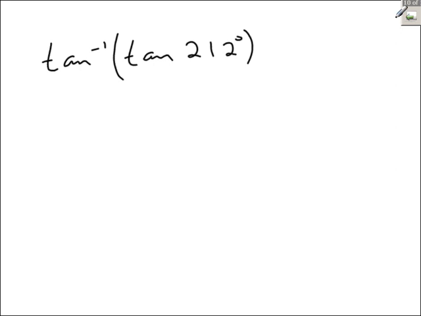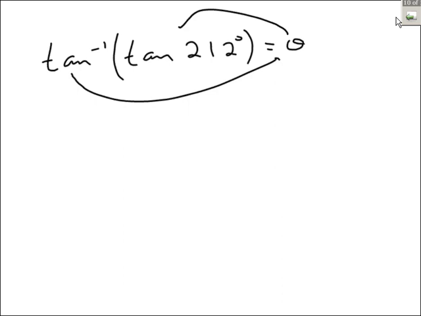What if you were told to calculate the tan inverse of the tangent of 212 degrees? Well, we know that this is equal to an angle. The tangent of that angle is equal to the tangent of 212.